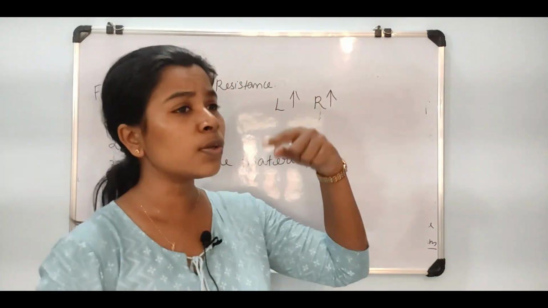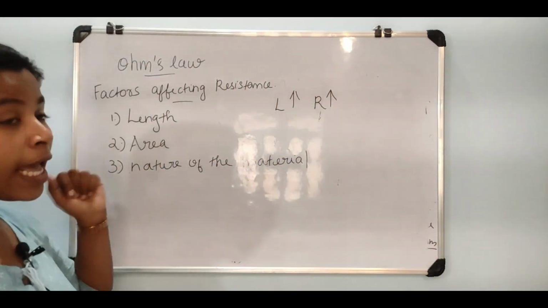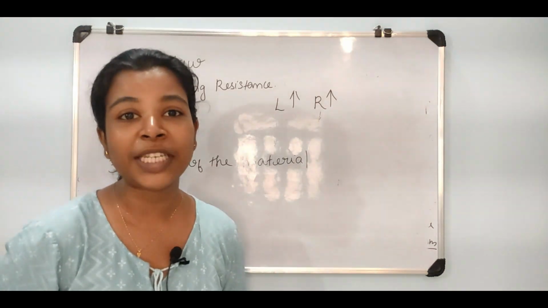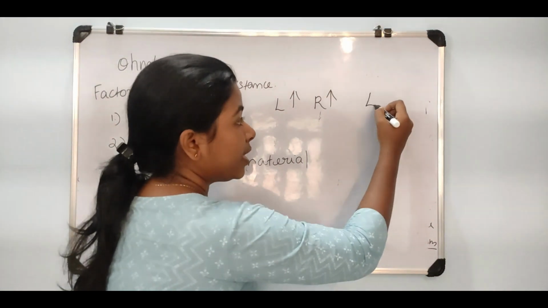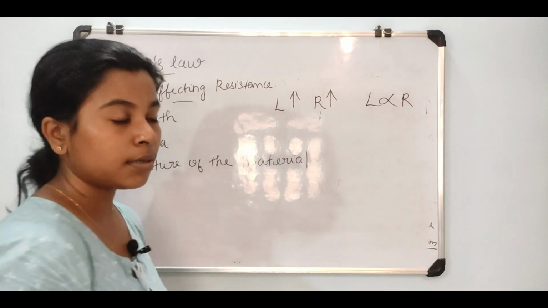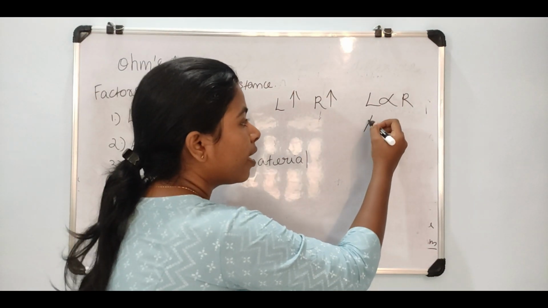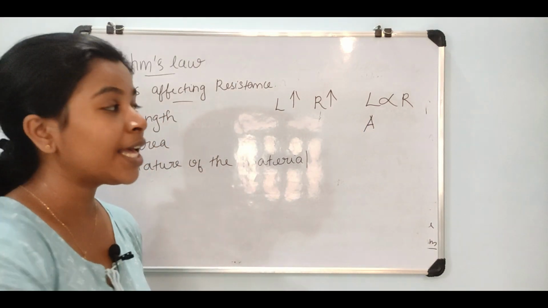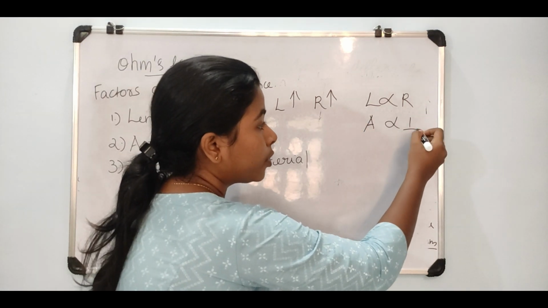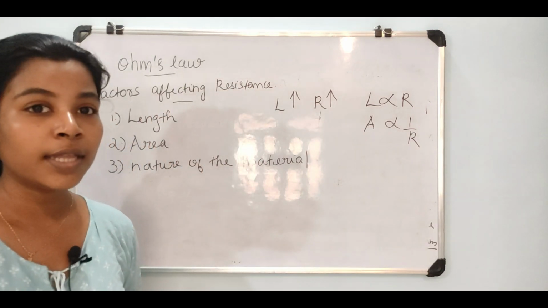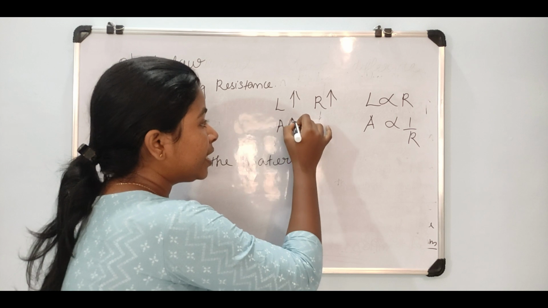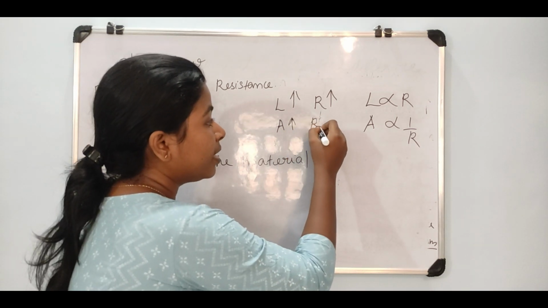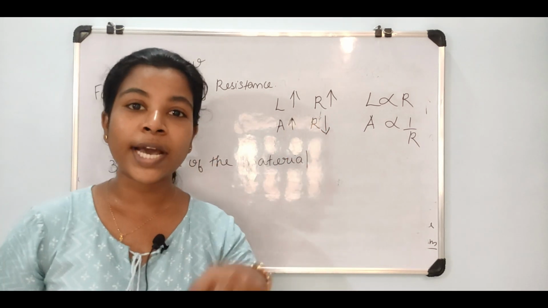Followed. Now, same case. What happens when area of cross section of the material increases? Here length is directly proportional to R. Now coming to area. Area is inversely proportional. Followed. That means what? When area increases, resistance decreases and vice versa.